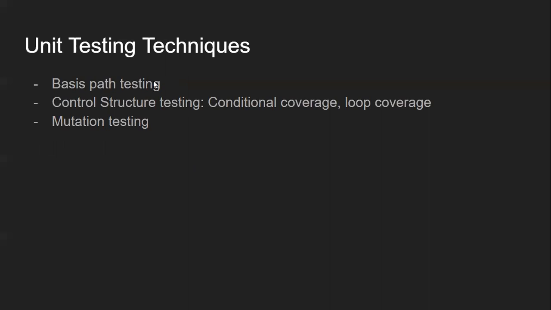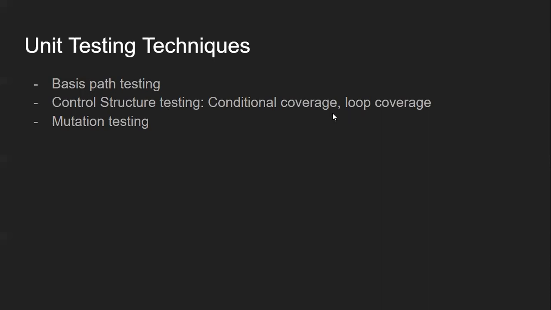Basis path testing is nothing but tracking what path the program follows in its entire life, how particular methods are called, and the flow of the whole program. That kind of testing is done here. In control structure testing, we have conditional coverage and loop coverage.